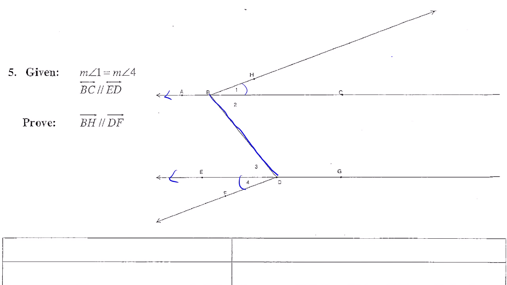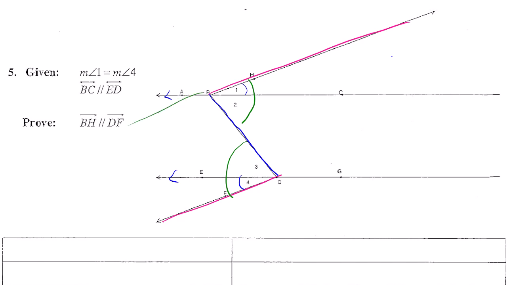And so then we need to use angles that are formed by that transversal BD and the two lines that we want to prove parallel, right? So the angles that are formed by BH and FD with BD are this angle and this angle, right? Those are really the only two angles that we can see.